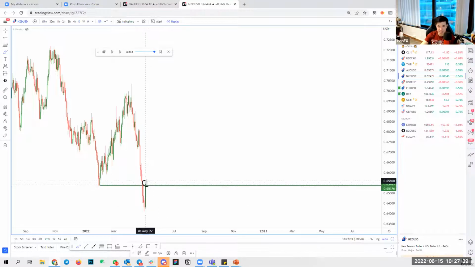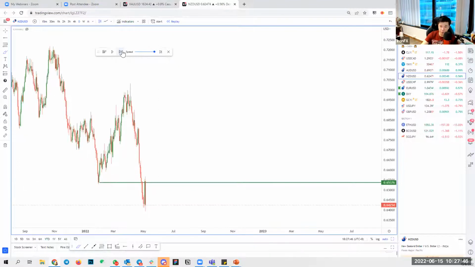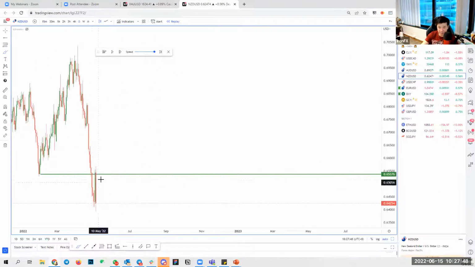The moment they see this, they're freaking out and getting out of their positions. Then you can see in the next bar, this is how intense the selling can be sometimes. Everyone who was long over here freaked out, sold and got rid of everything. Maybe I can show you on the 4-hour chart.